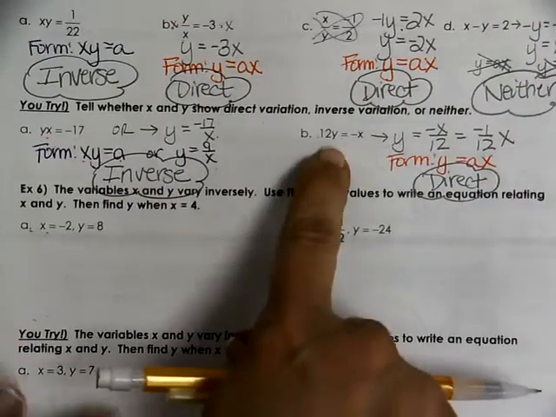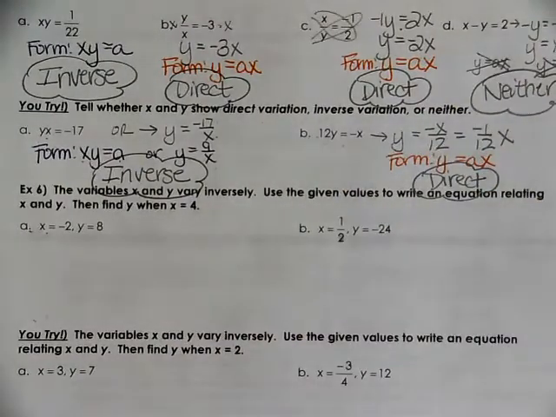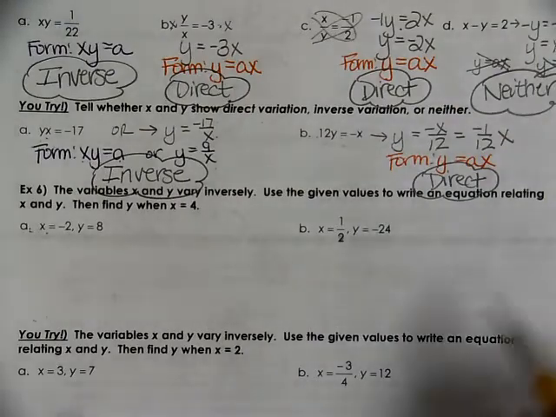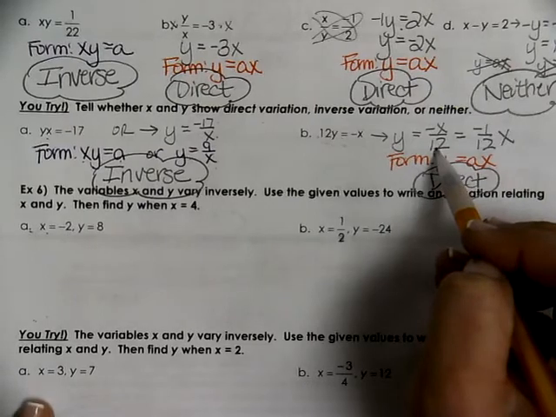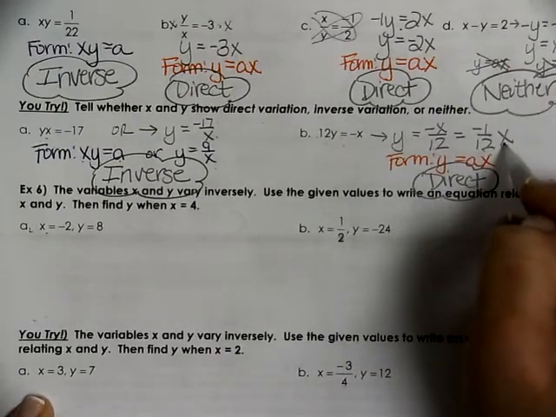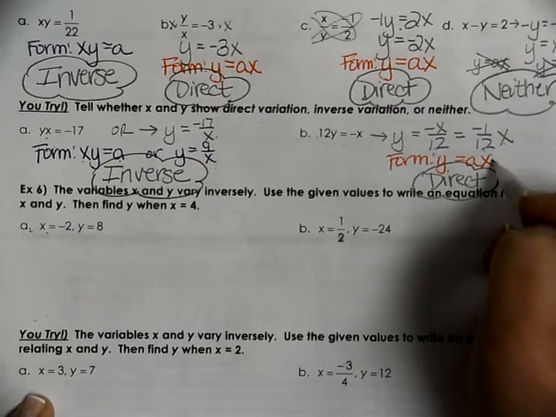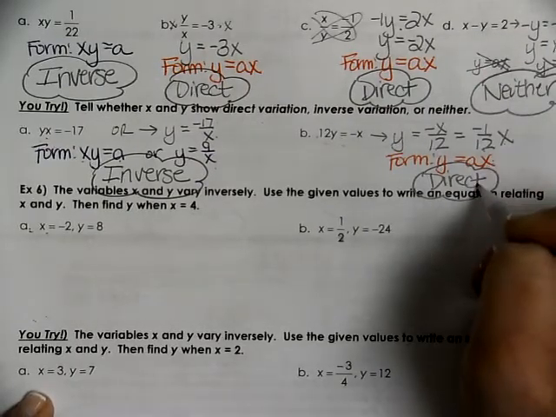Now, in letter B, a lot of times people divide and they're like, oh, there's a fraction, it's inverse. But I want you to think about what that means if you have negative x over 12. Isn't negative x over 12 the same as negative 1/12 x? That means that that's the form y equals a times x, so that's direct variation.